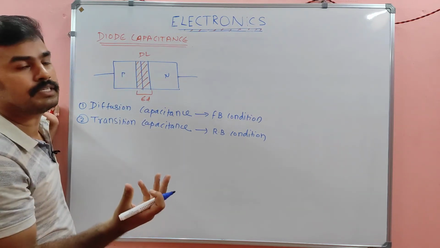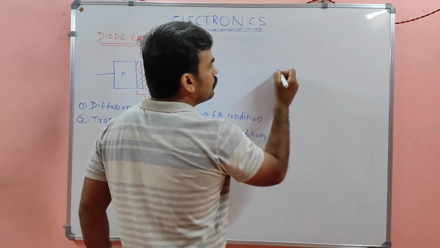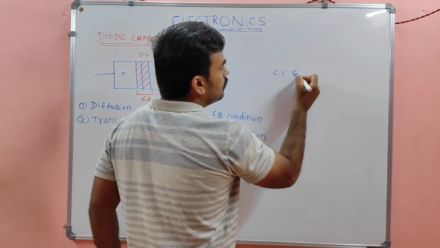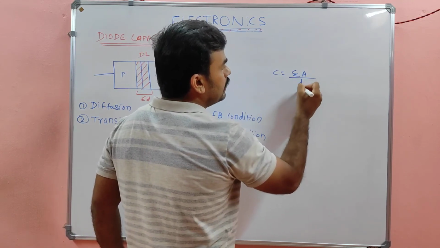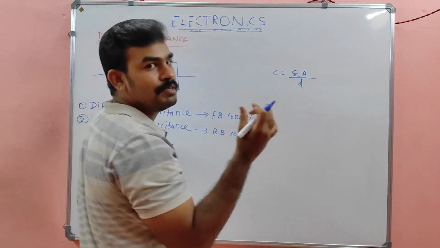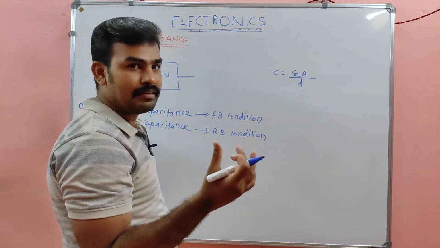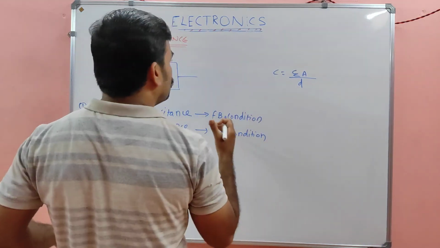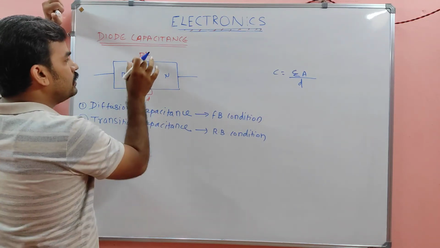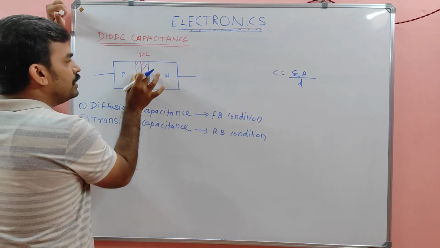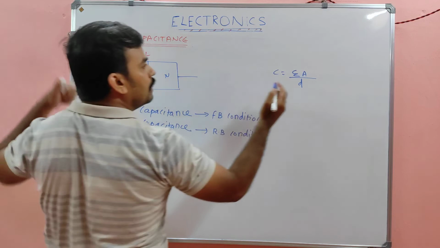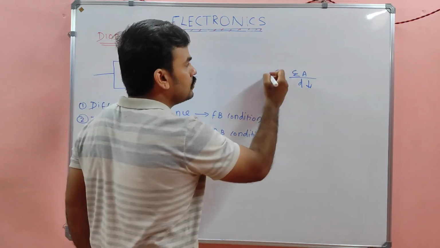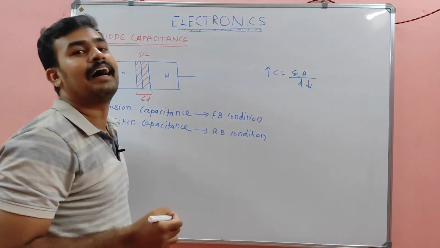The general equation for capacitance is C equals epsilon A by D, where D is the distance between the plates. If you increase the forward bias voltage, the width of the depletion layer decreases, so D becomes very small and the capacitance becomes higher.